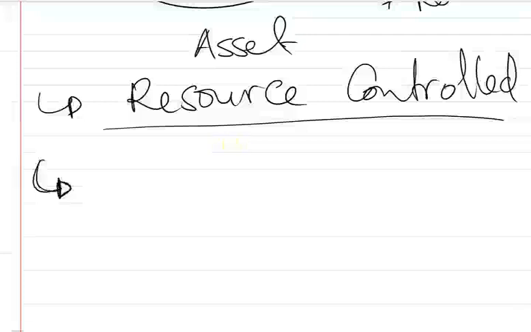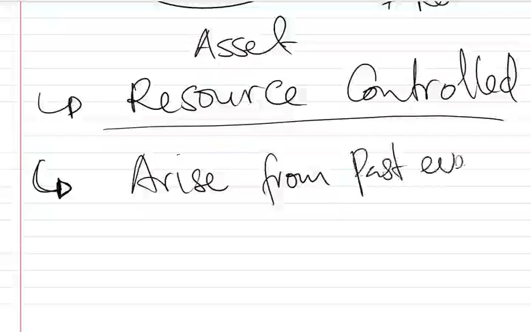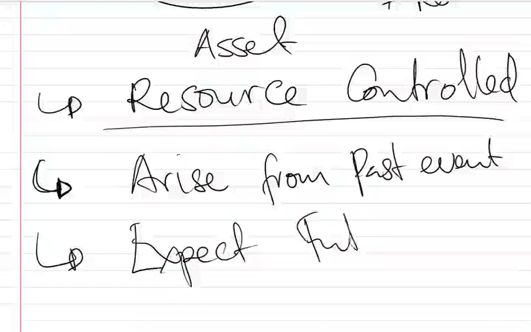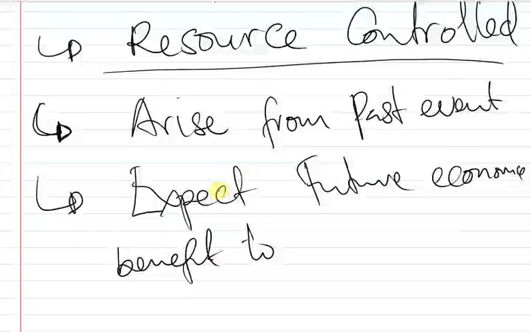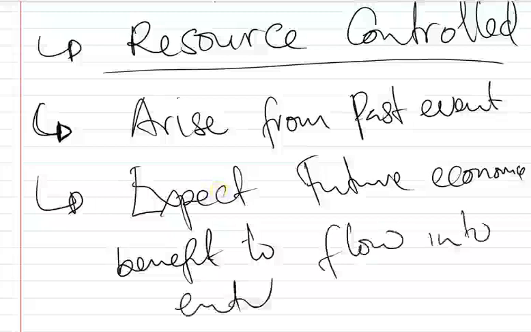All right. Other thing, it should arise from past event. And lastly, we should expect future economic benefit to flow into the entity. So with this, now it qualifies to be an asset. If it qualifies all the three, that is an asset.